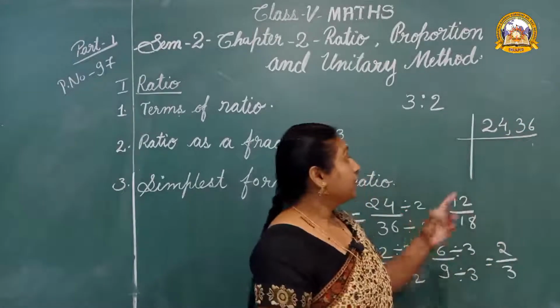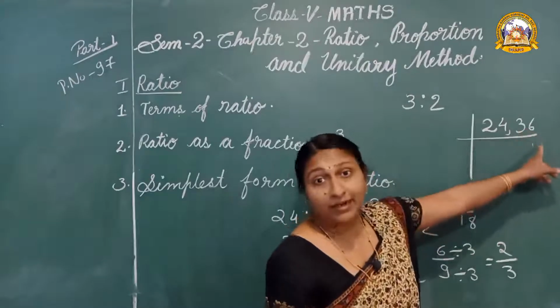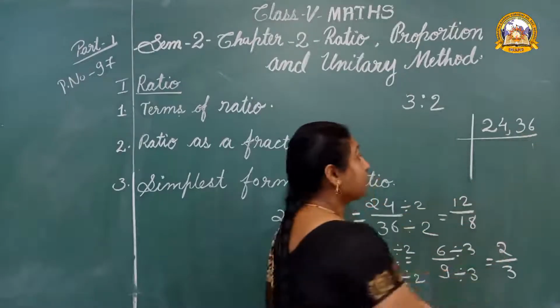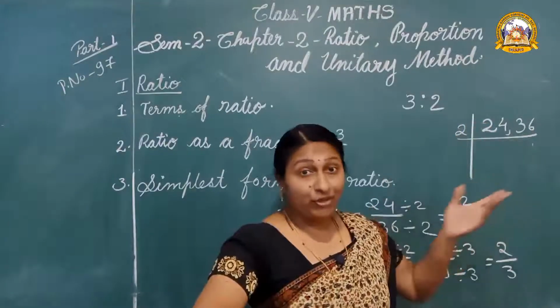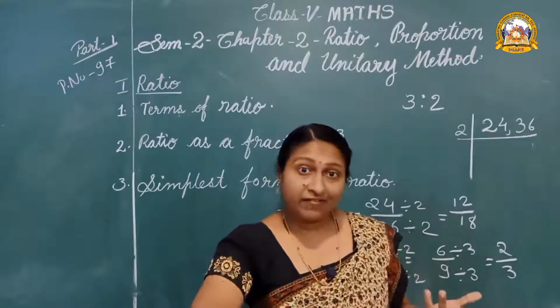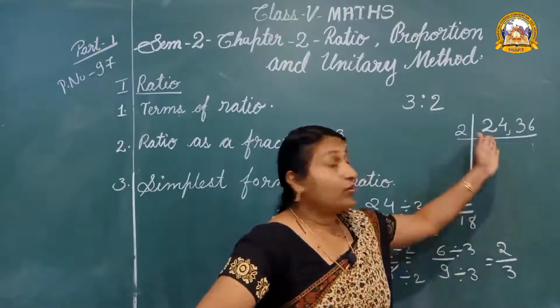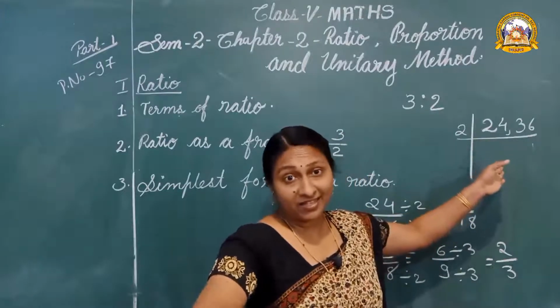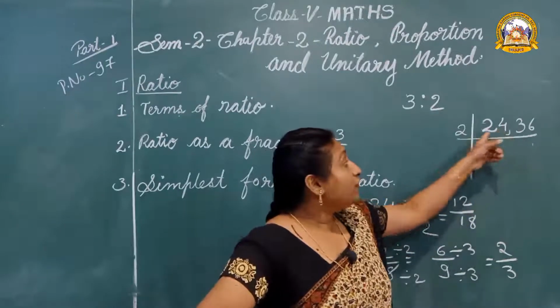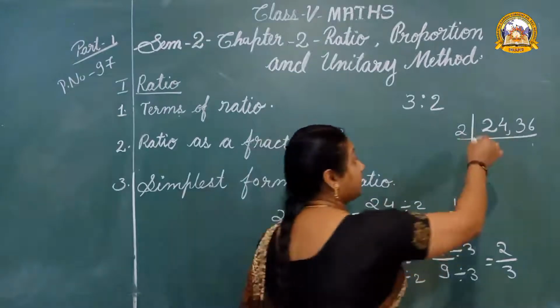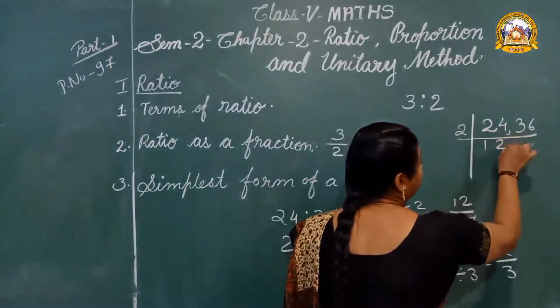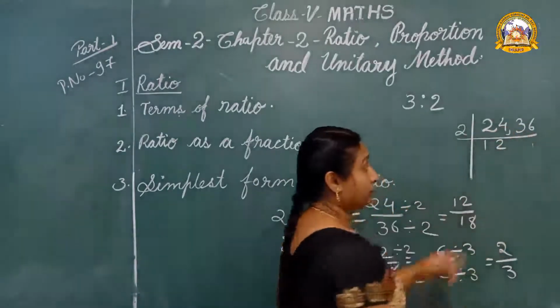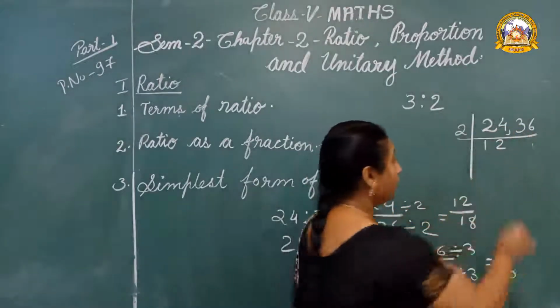As you know, both of them are the multiples of 2, isn't it? So, let us divide them by 2. When you learned to find the HCF and LCM, all of you have learned this method, isn't it? Okay, 24 by 2: 2 divided by 2 is 1 and 4 divided by 2 is 2, so 12.